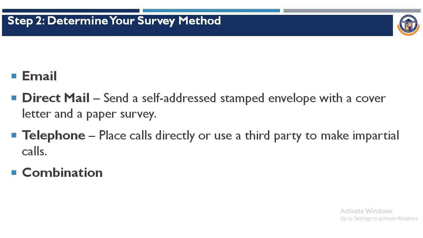Then you can also consider direct mail, a self-addressed stamped envelope with a covering letter and a proper survey questionnaire printed on paper that can be mailed to the prospective respondents. Then telephone also gives you an instant response, so you can place the calls directly or use some third party to make impartial calls. And you can also go for a combination of all these methods. That is step number 2.